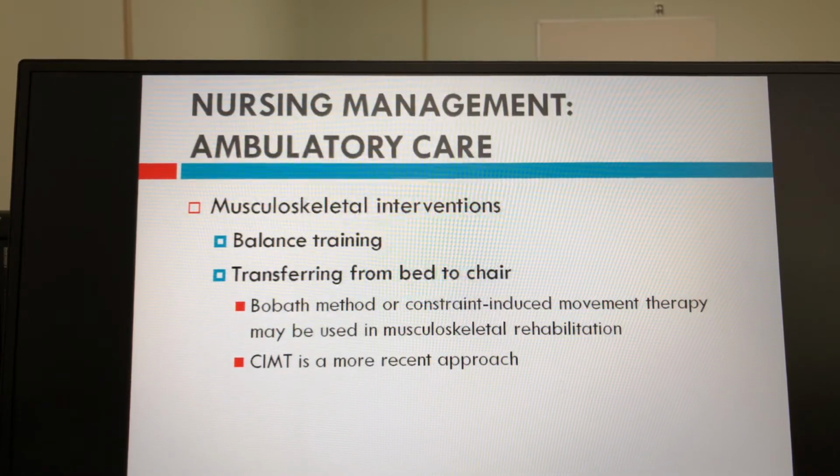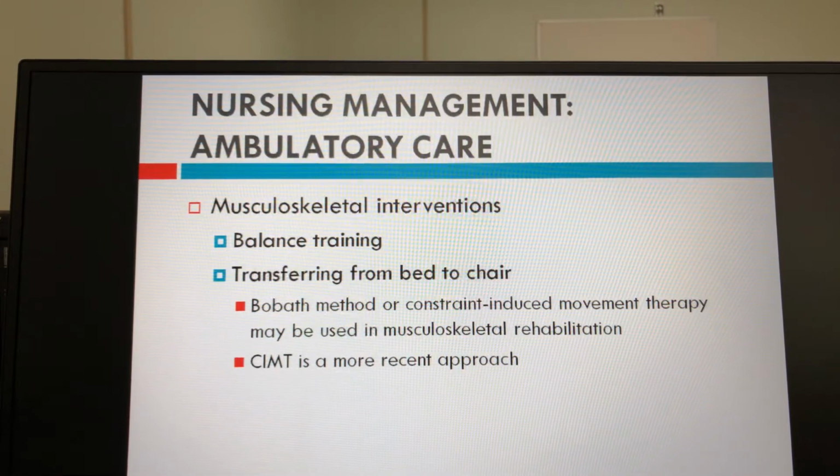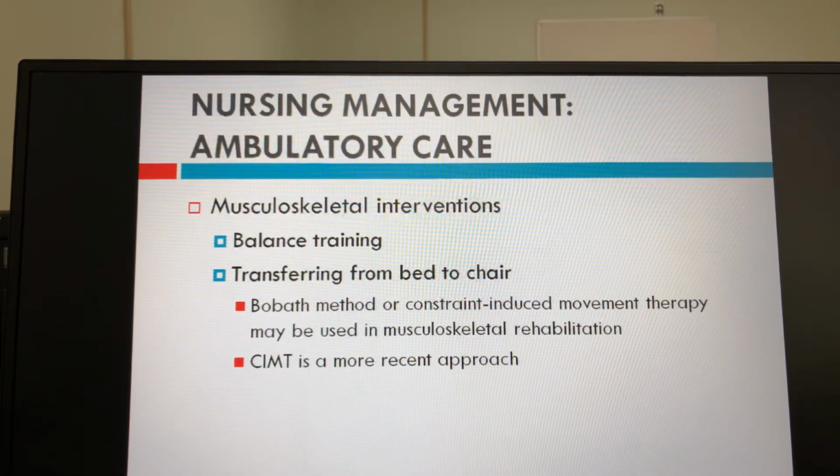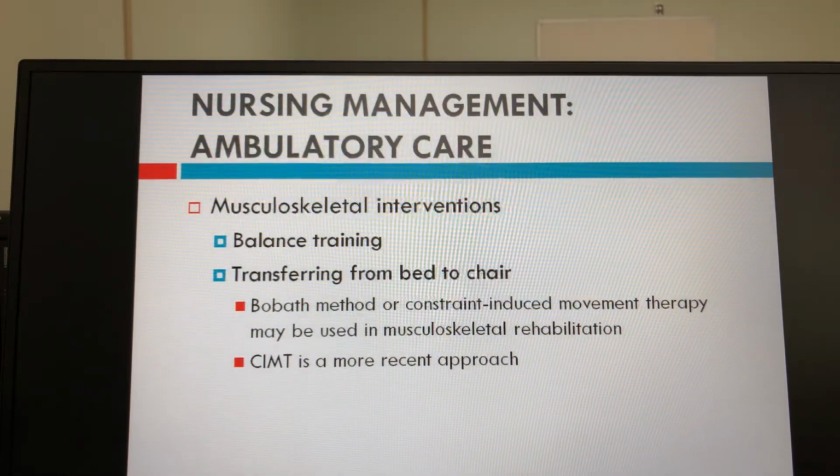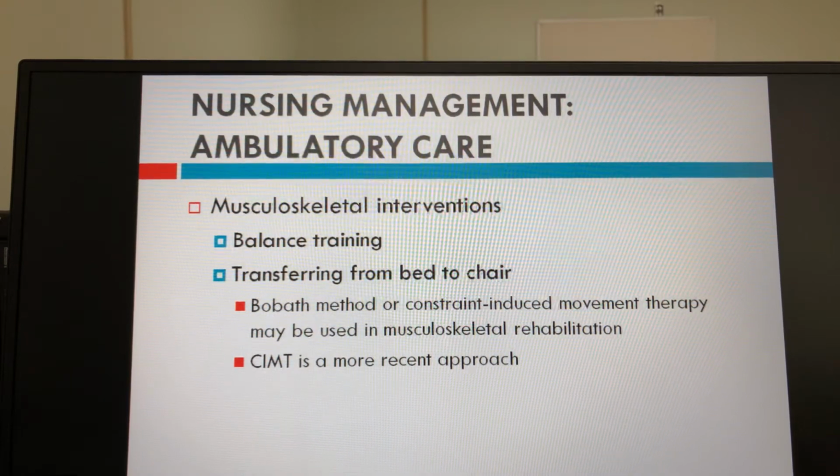So, musculoskeletal interventions that we could do are balance training, transferring from bed to chair. The Bobath method or constraint-induced movement therapy can be used in musculoskeletal rehabilitation. CIMT, that constraint-induced movement therapy, is a more recent approach to rehabilitation.